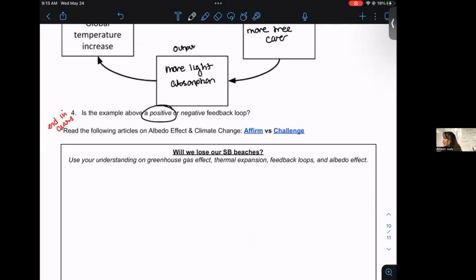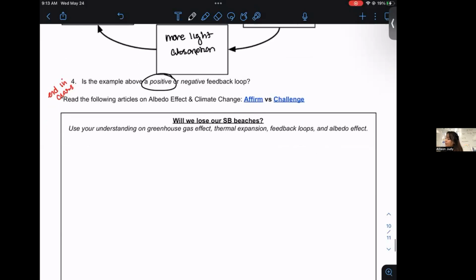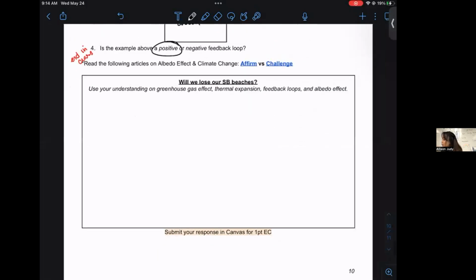This is also hyperlinked in your student notes and on my website, and you're gonna read these 2 articles and look at some data. You're going to use those articles to answer your final question, which is also going to be extra credit in the assessment category of your test. It can boost your grade. This is about a 2% value of boosting.